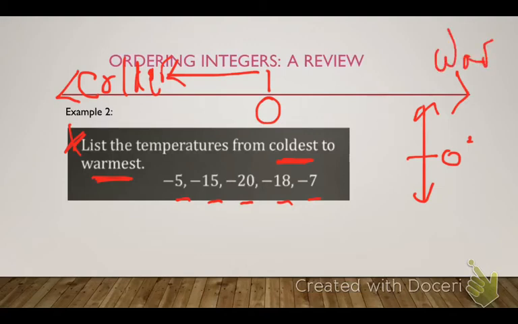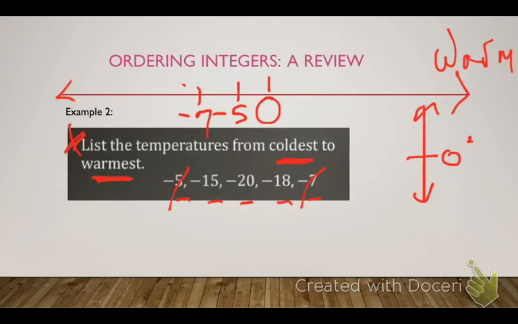All right, and so I look, they're all negative. Well, let's see, the one closest to 0 would have to be my warmest. The one closest to 0 would be -5. So here's -5. Okay, and then the next one would be -7. And the next one would be -15, but I'm running out of space here, so I'm going to erase this stuff right in here so I'll have some room to write.